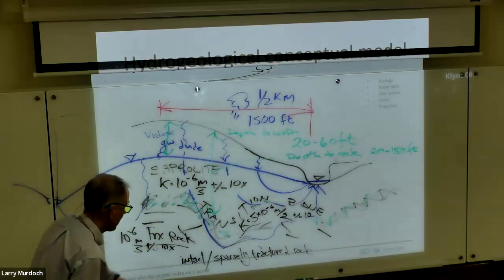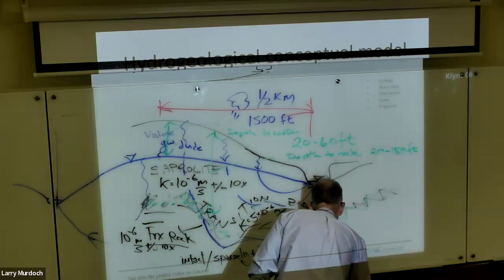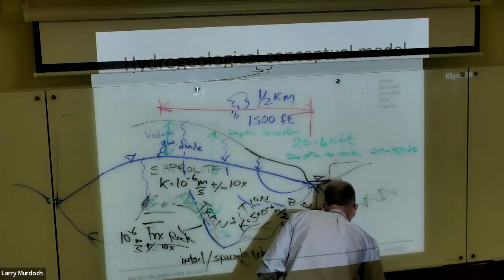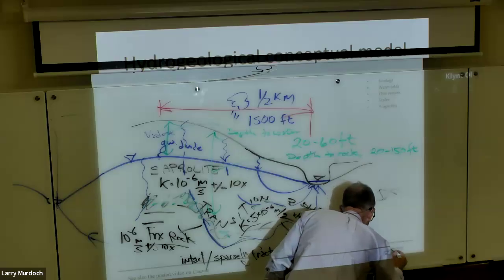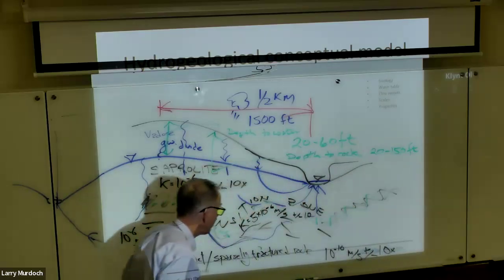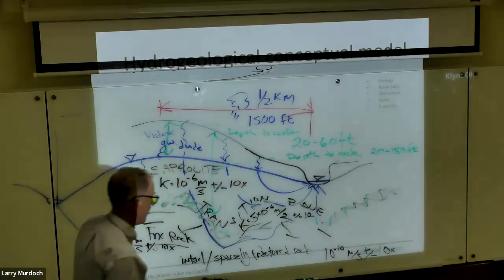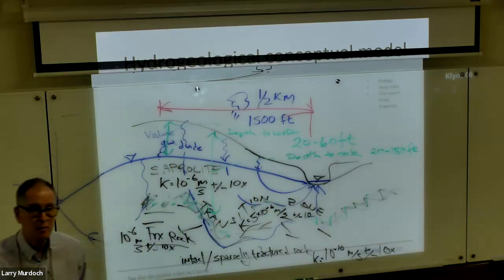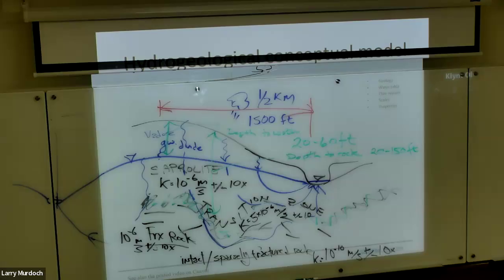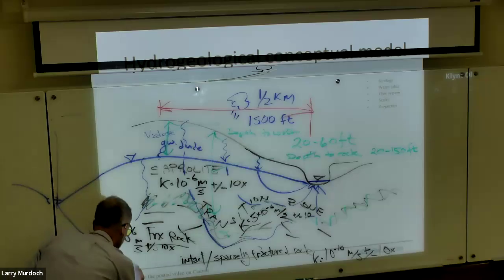And then down here, down in the intact rock, this would be more like 10⁻¹⁰ meters per second, also plus or minus. Okay, so that's hydraulic conductivity. Then another important one would be the porosity. So porosity, intact rock, 1 to 2%.